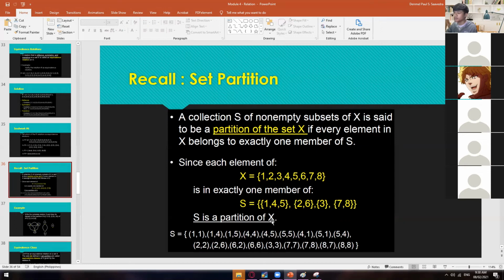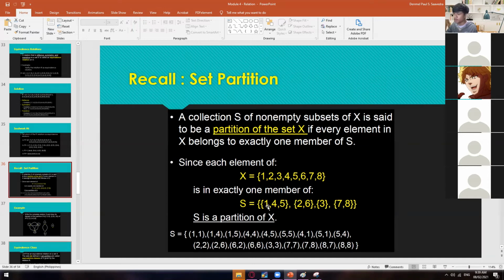The point in here is if you have this class, then all of them should be under one set, or all of their elements should be found in the superset, this set X. If you're going to take a look at this one, it's just with the use of the Cartesian product on every set.